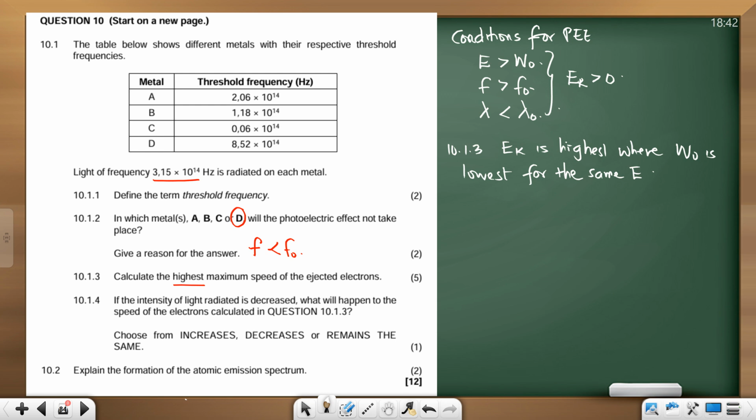Let's see, we shouldn't use directly proportional stuff. So which one has the lowest? C. Done. So E equals the work function. I'm looking for kinetic energy, right? But what do I have? Frequency. I have frequency, so it's hf equals hf naught plus EK. I'm sure, guys, we can do the math here. What are we using? We are using C.